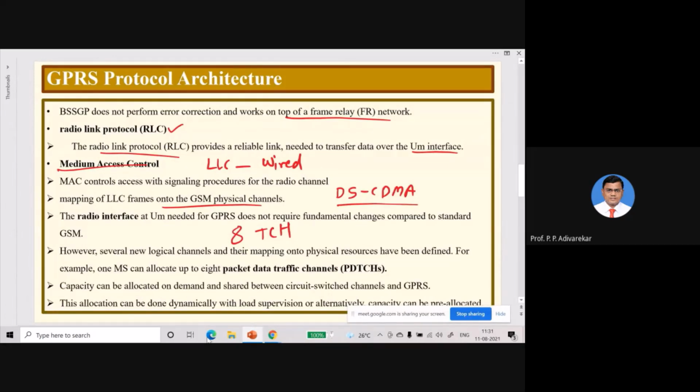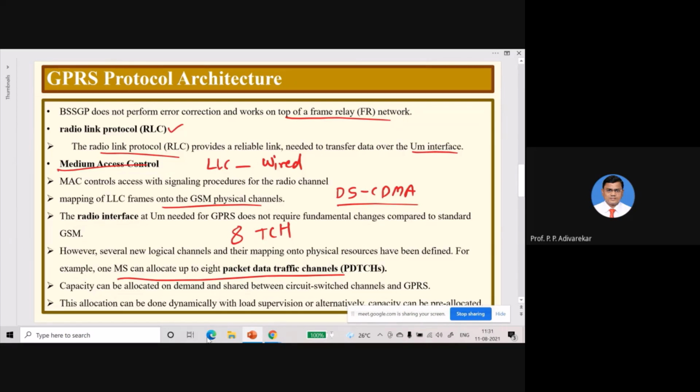In DS-CDMA, one user can be allocated all 8 channels.